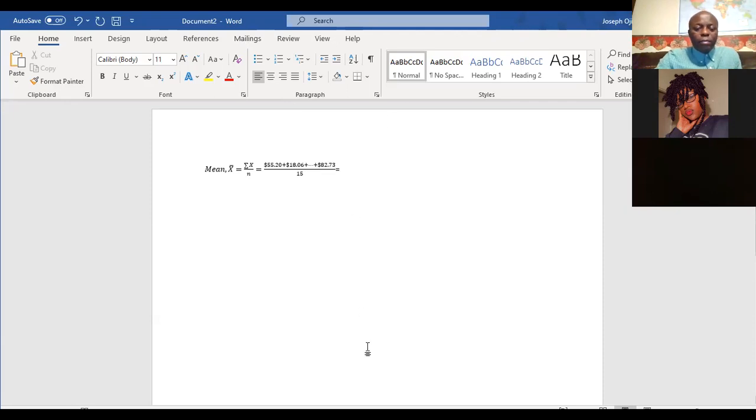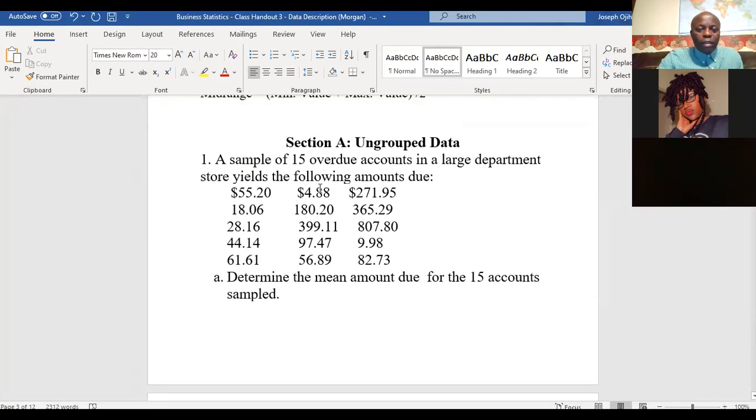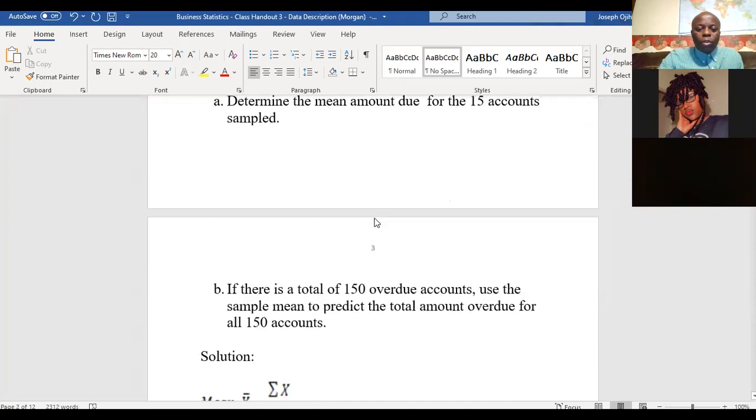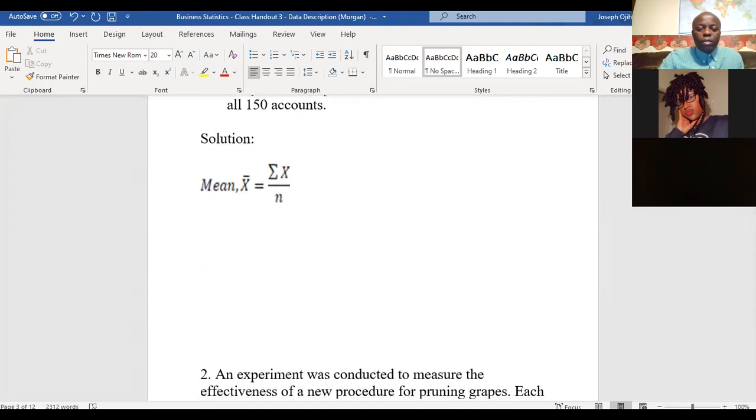I added all of this, according to what the formula said, and then divided by 15.